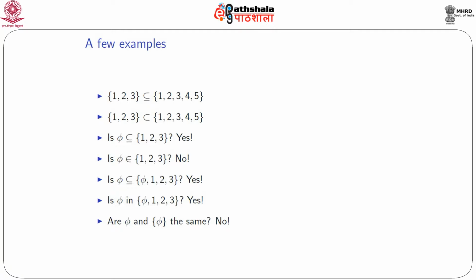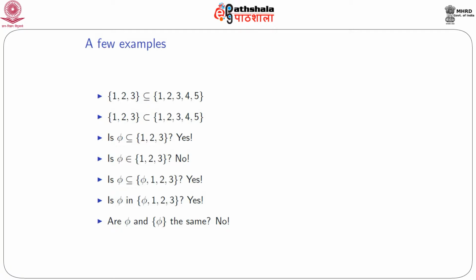Consider two sets. The first set consists of 1, 2, 3, only 3 elements, and the second set consists of 1, 2, 3, 4 and 5. If the question is asked whether the first set is a subset of the second set, the answer is yes, because every element in {1, 2, 3} belongs to the set containing 1, 2, 3, 4, 5.